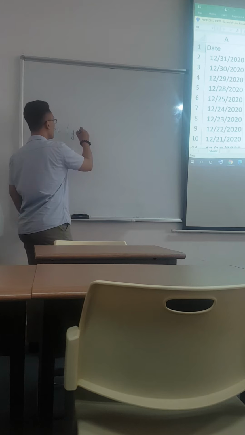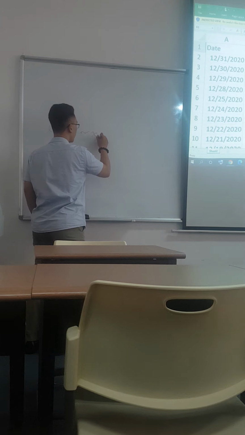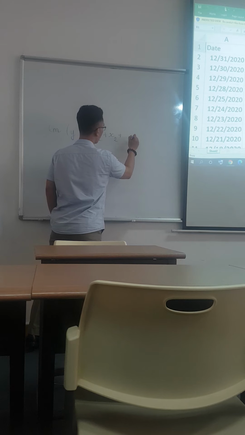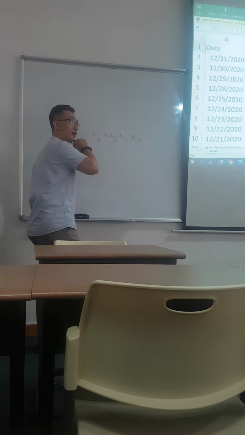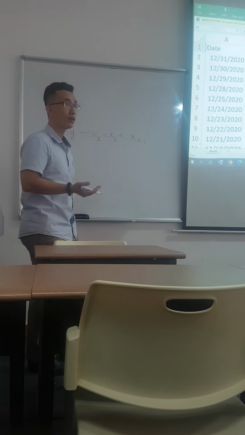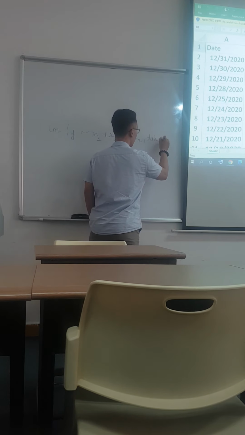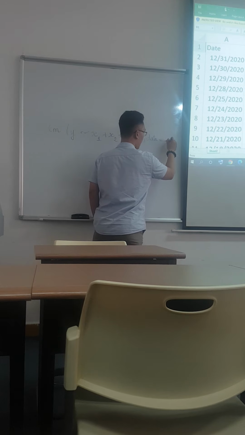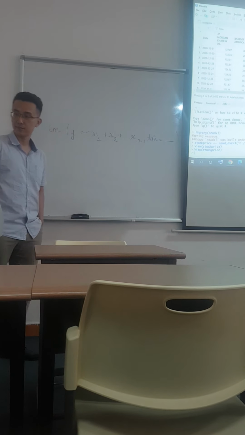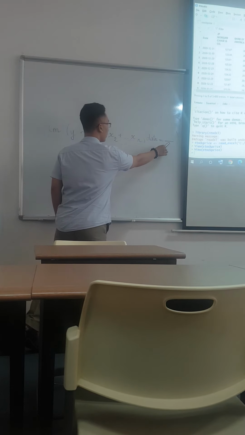Continue with the tilde symbol, and then your first independent variable, your second independent variable, and so on to your last independent variable. Then a comma, and type the name of the dataset that you use. So data equals the name of the dataset, and close the bracket. For example, the name of my dataset is stock price here, so I'm going to write stock price in this one.